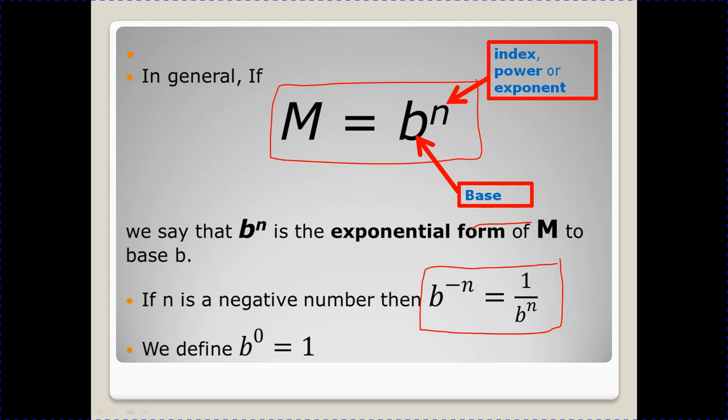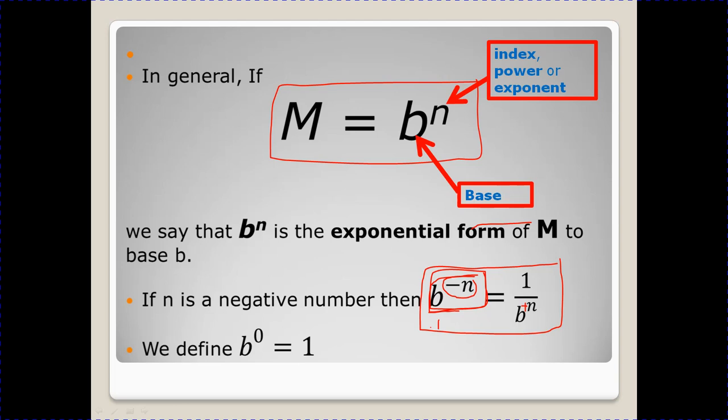What happened? It looks like I shifted b to the power minus n from the numerator to the denominator, from up to down, but we change the sign of the index.